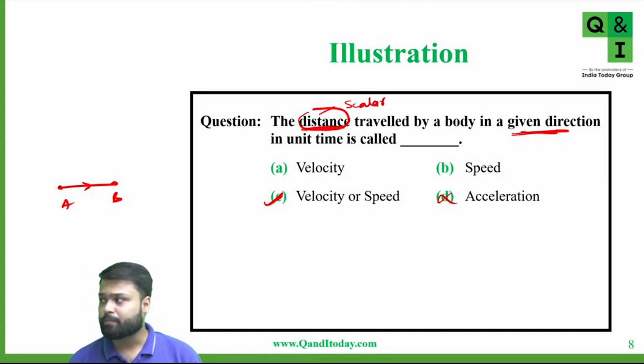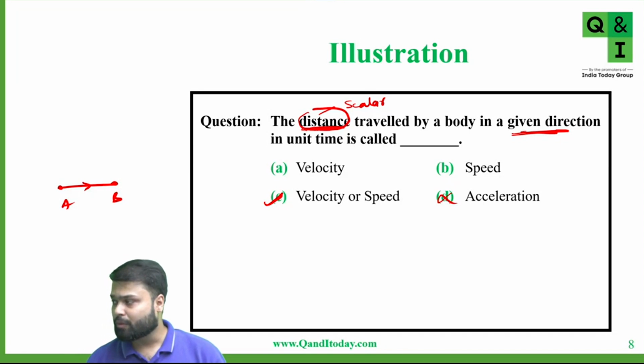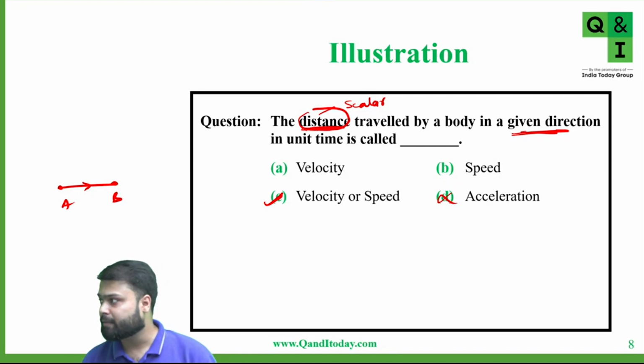So in this case, if distance is equal to displacement, then distance or displacement per unit time is velocity or speed? Yes or no? Is this clear to everyone or any doubt?